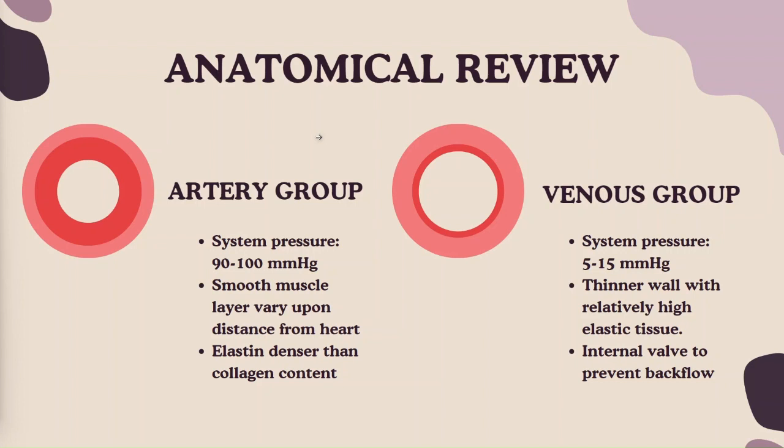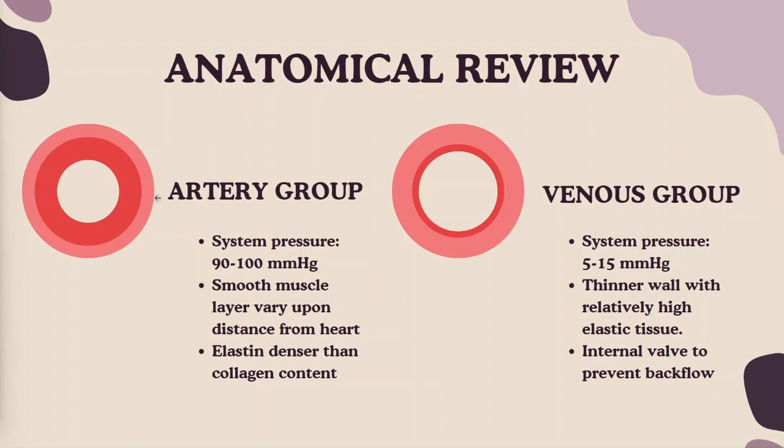As you can see here, this is the cross-section diagram of the blood vessel for artery groups and venous group. The thick dark inner borderline here represents the smooth muscle, and the much lighter one represents the connective tissue. The artery group has much thicker muscle layers in contrast to the venous group.